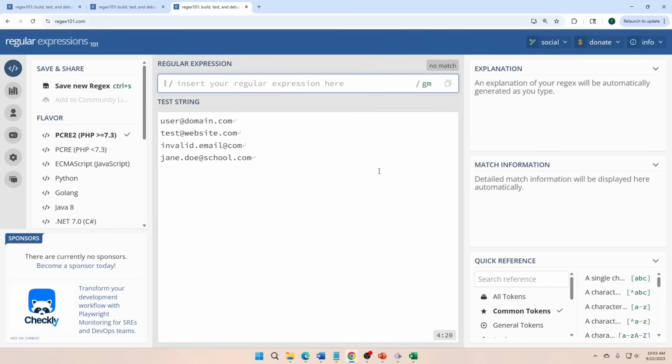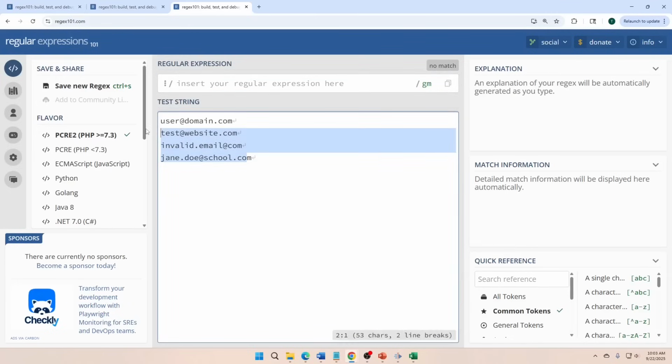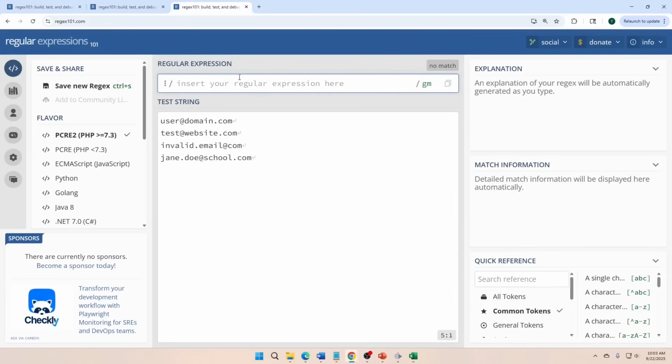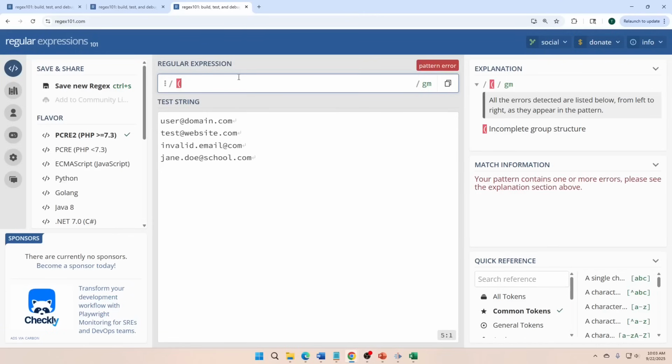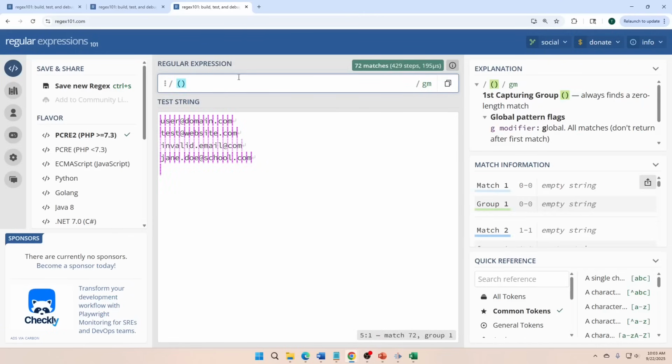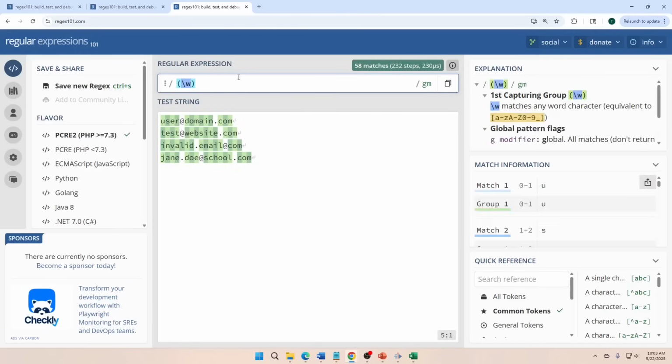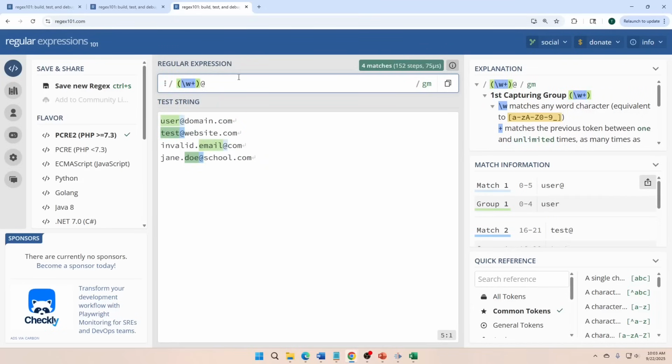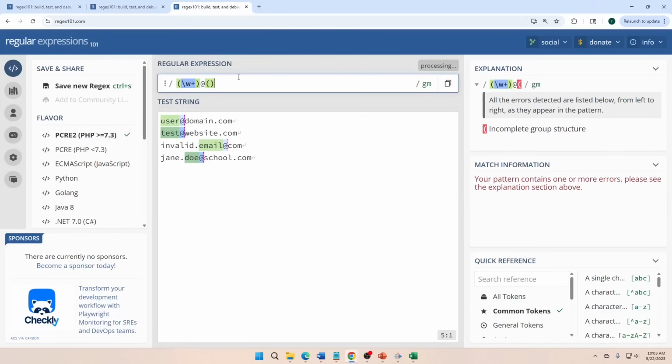All right, welcome back. I've put my test strings here and we're just going to walk through what I did. I put a capture group, so parentheses, and inside that parentheses, I looked for a word. And then I did an @ sign, a literal. And then I did another group.